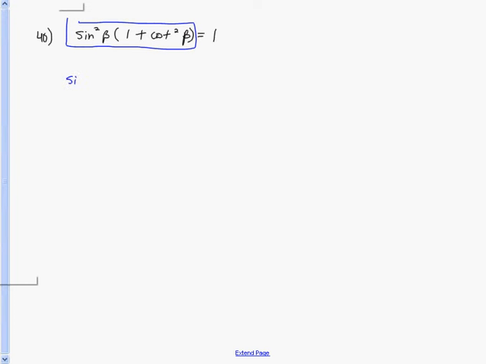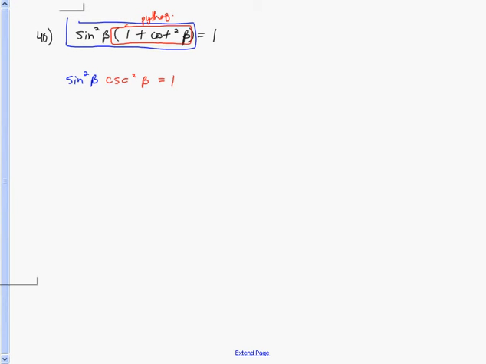Sine squared of beta is fairly straightforward. 1 plus cotangent squared of beta looks familiar to me. It looks like a Pythagorean identity, and it is. This is the Pythagorean identity, and it is equal to cosecant squared of beta.